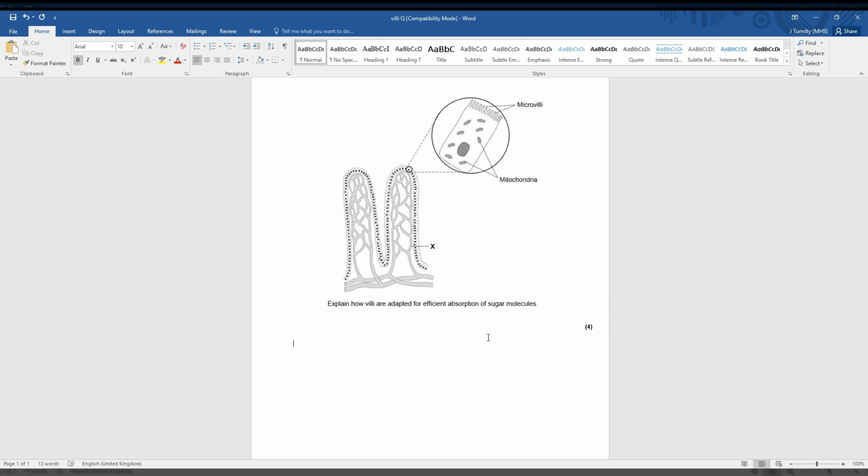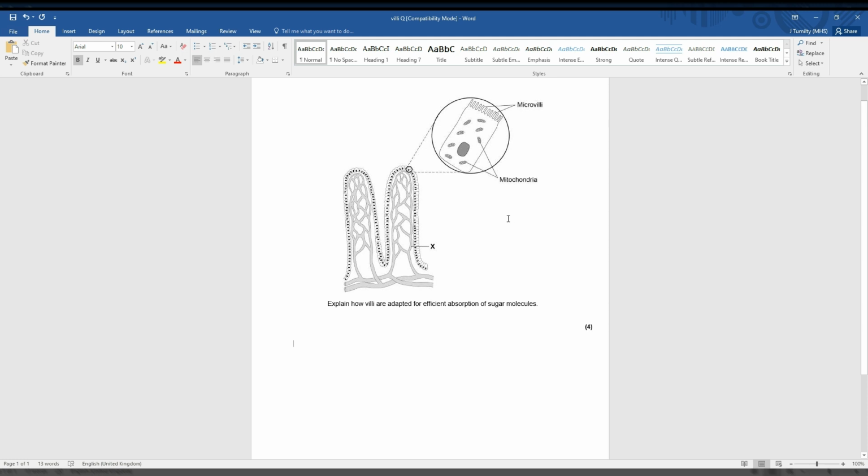What we've also got there is a close-up of one cell, and then we've got some labels there of microvilli that we can see at the top of the diagram here, and we've also got labelled mitochondria. Okay, so as I say, there isn't anything there that we're not going to need. All right, so we need to use those clues for our answer.